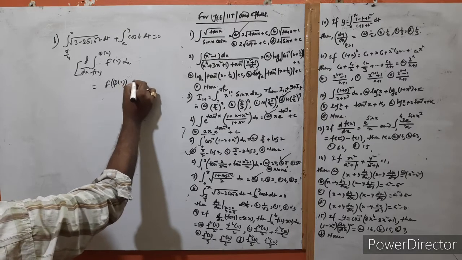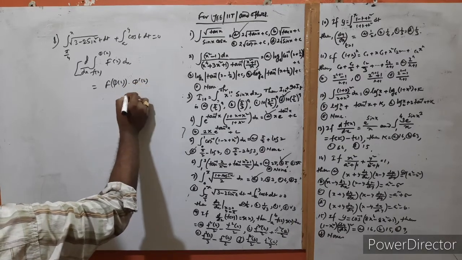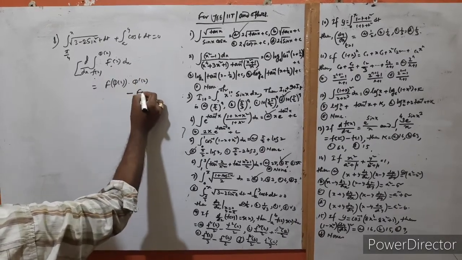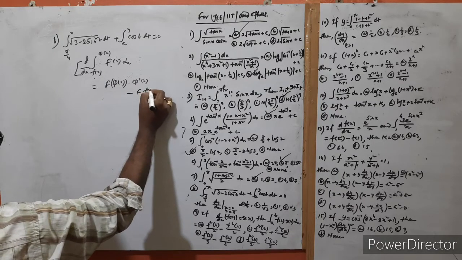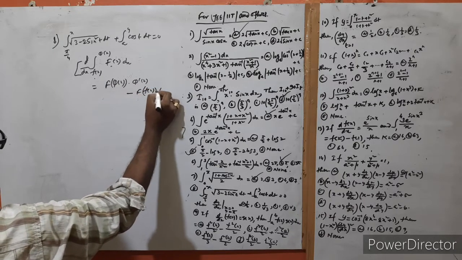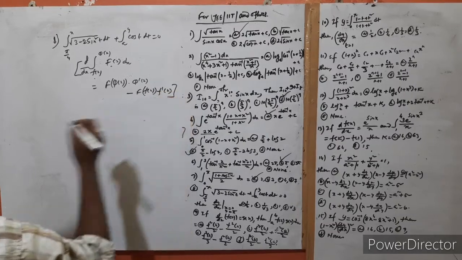Again differentiating, this is phi dash x, minus f of x, and this is f dash x, and this is the property.